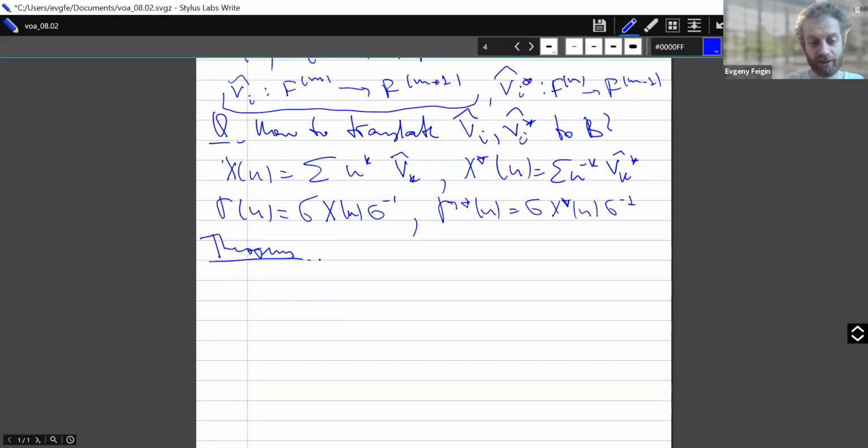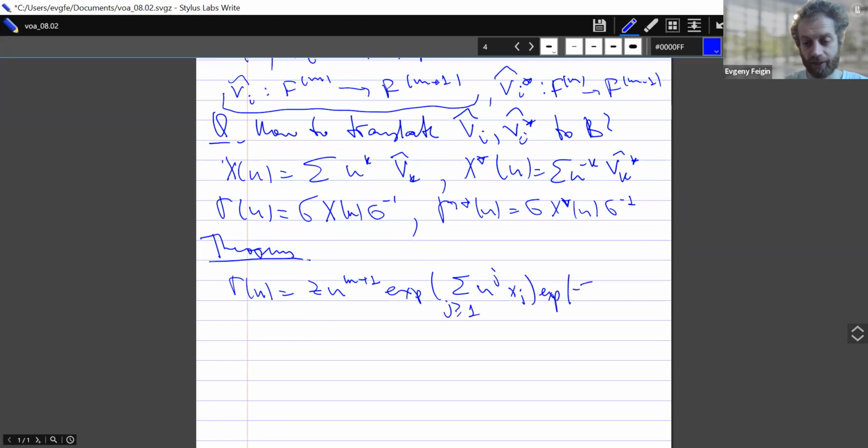So saying that gamma of u is Z u to the m plus 1, and then exp of some sum j xj, x minus some sum u to the minus j over j minus d over dxj. So let me check if I wrote it correctly. Yes, I did. So similar for gamma star of u.